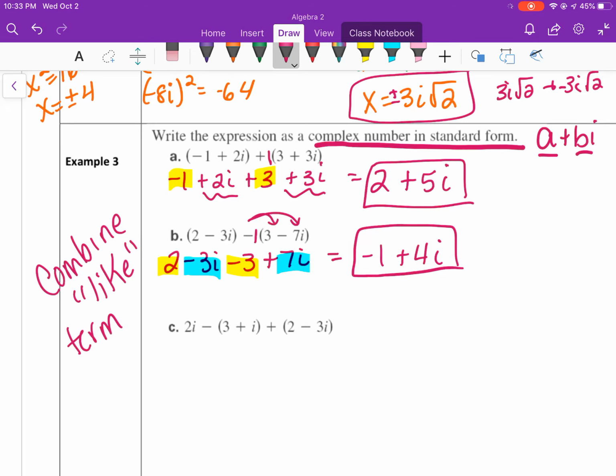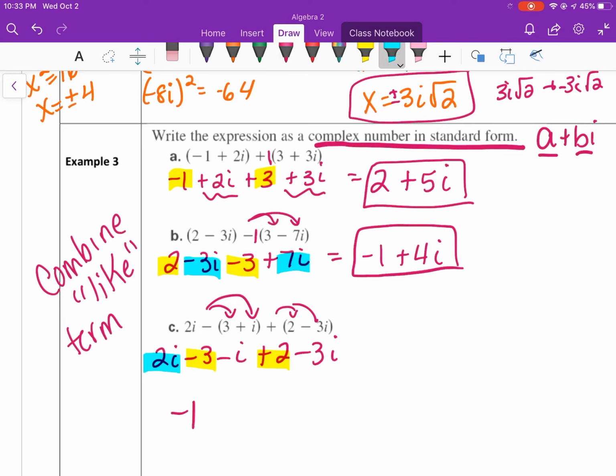So here we have to subtract and then add. So it'll be 2i minus 3 minus i, then plus 2 plus negative 3i. Adding a parenthesis doesn't really change it unless there's a number out front. Then combining your real parts, negative 3 plus 2 is going to be negative 1.